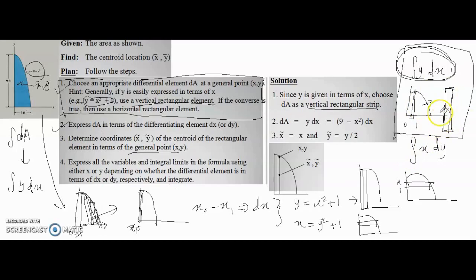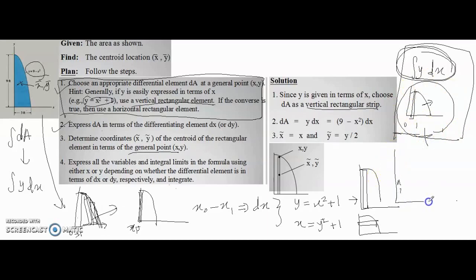So the coordinate for x is, okay, I remove what is not necessary. Let's redraw it again to make it clearer.